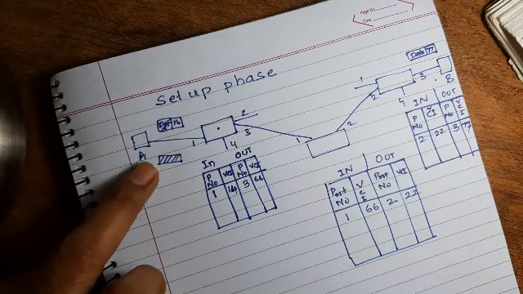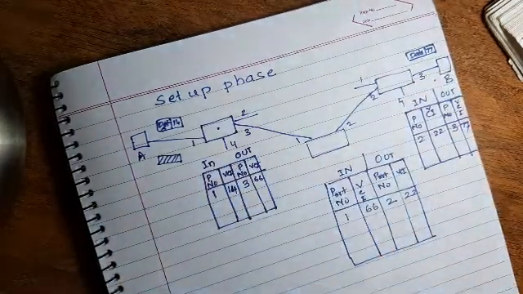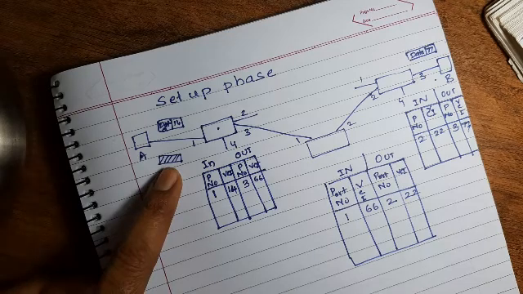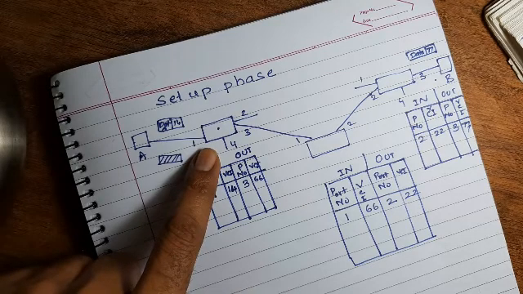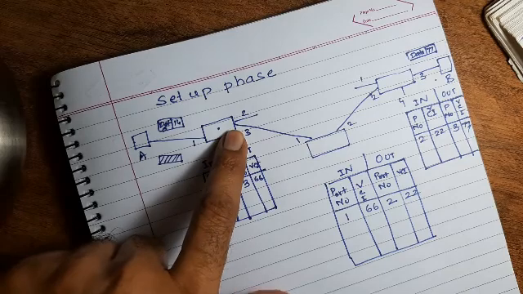This frame is sent by A to switch 1 bearing the address of destination B. So switch 1, on receiving this setup request, knows that this frame is going to B. So it has to go through port number 3.